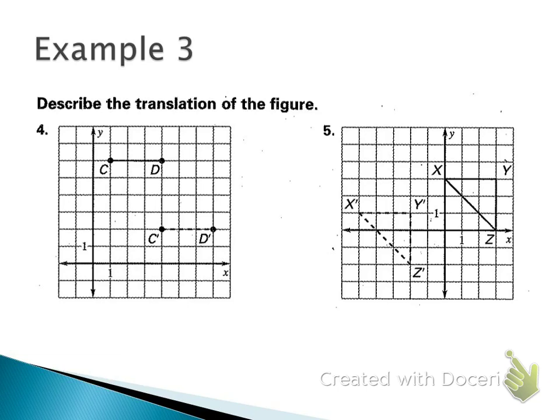Which way are we moving? Right. Left 3, down 4. Right. If I start at point D and I go to the left, I'm not getting closer to D prime. Right, right 3, and down how many? 4.